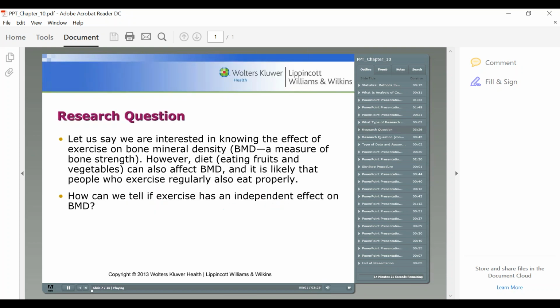So what type of research questions will we utilize for the ANCOVA? Just before we talk about this, one of the most reasonable research scenarios in which you would include an ANCOVA is when you're looking at experimental designs.